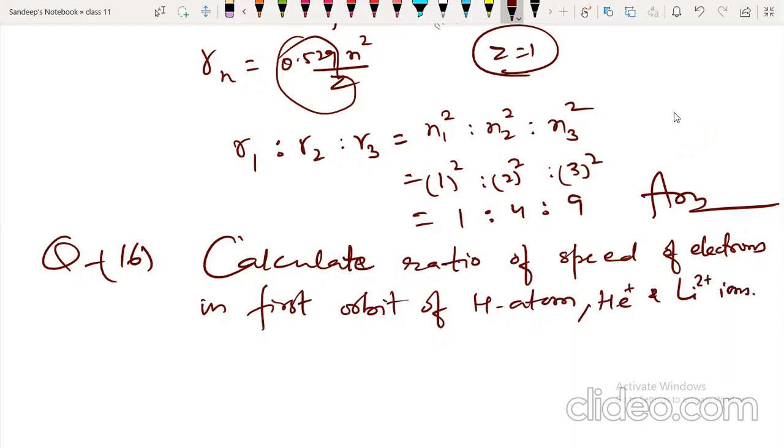Solve it. Calculate the ratio of speed of electrons in the first orbit, hydrogen atom, helium ion, and Li2 plus ion.